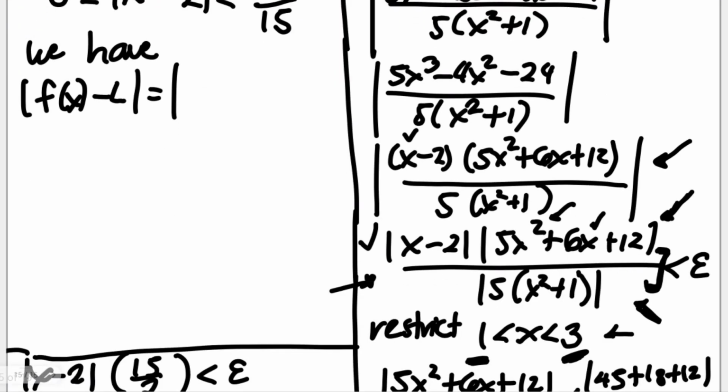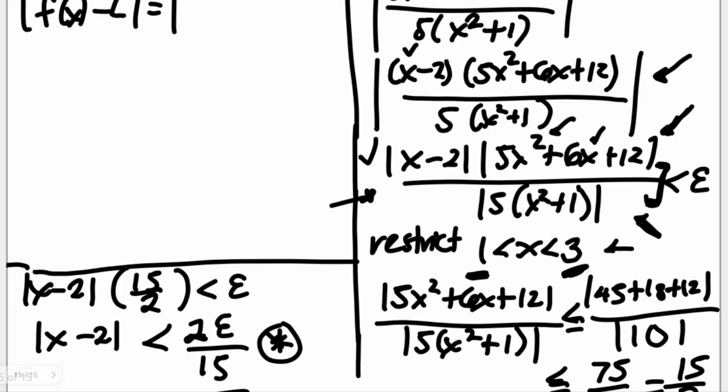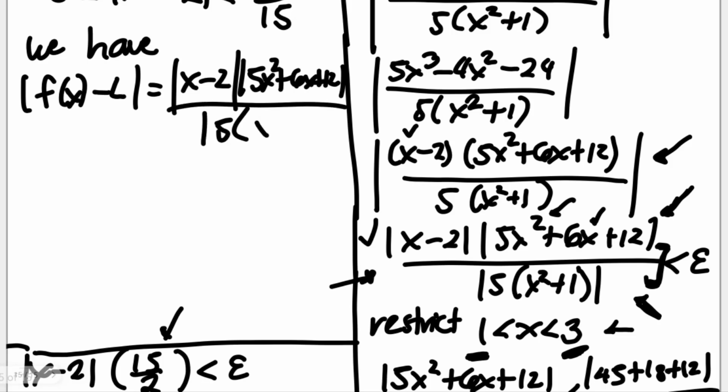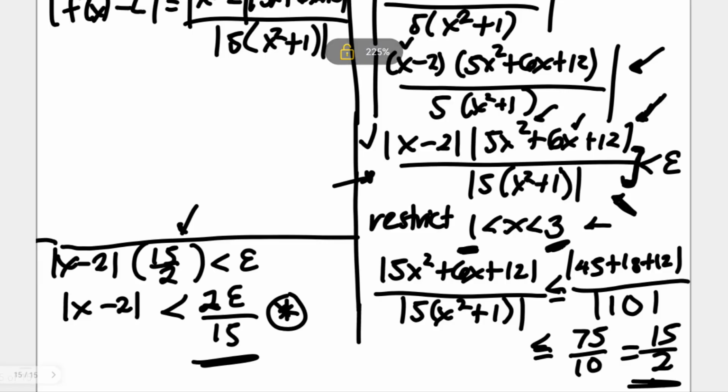You will have here the absolute value of x minus 2 times the absolute value of 5x squared plus 6x plus 12 all over the absolute value of 5 times x squared plus 1, which was further simplified into less than or equal to, because this is 15 halves, the absolute value of x minus 2 times 15 halves.